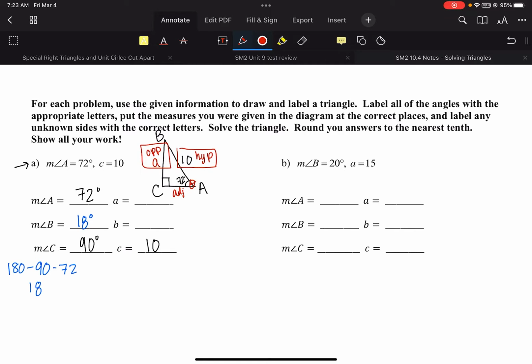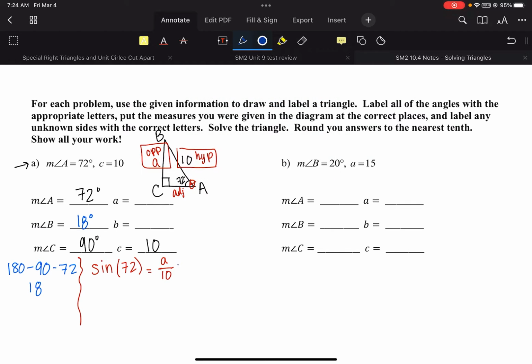All right, sorry about that, guys. So I'm going to use the opposite and the hypotenuse, which is the sine. So the sine of 72 degrees is equal to the opposite. So I'm going to just put the A there over the hypotenuse. You guys might have an X instead of the A. Either way will work.